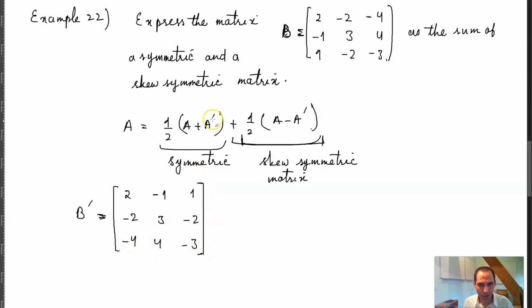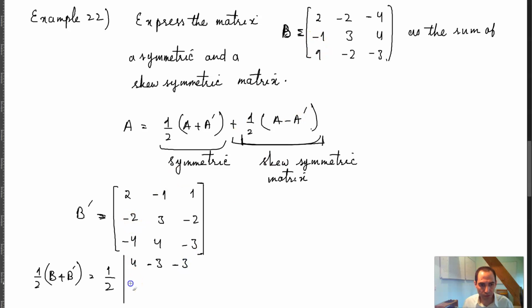Now, if I calculate 1/2 of B plus B prime, I have to add the corresponding elements of this matrix and this matrix together. So 2 plus 2 is equal to 4. Negative 2, negative 1 is negative 3. Negative 4 plus 1 is equal to negative 3.